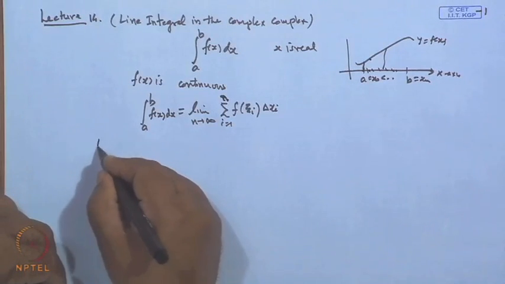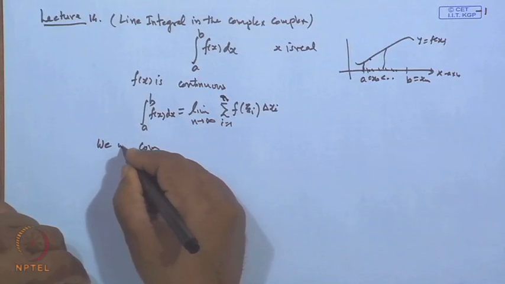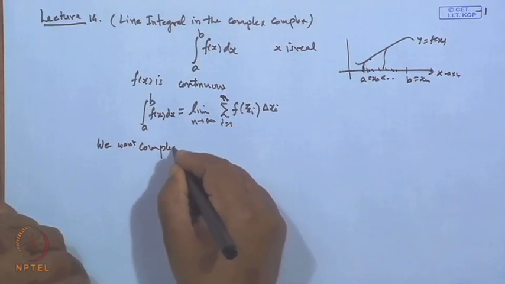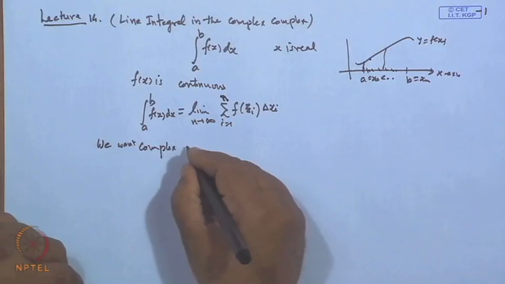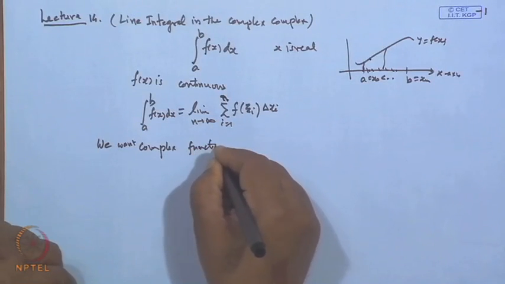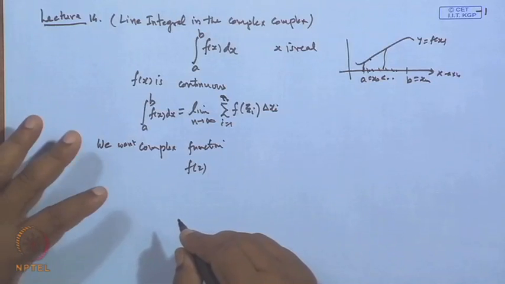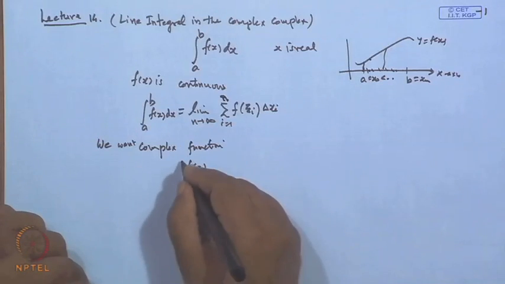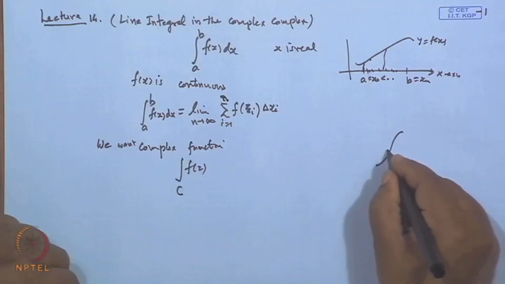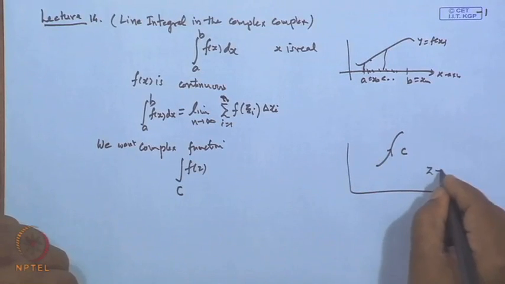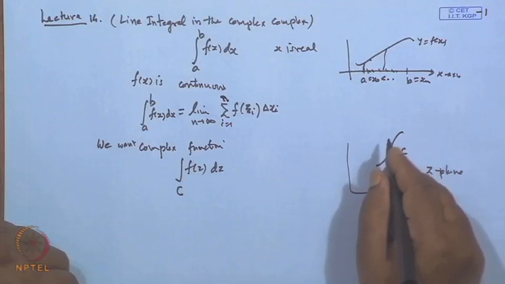So, today we want to integrate the complex function f(z), defined over the z plane, along the curve C. We want to integrate this function f along the path C, which lies in the complex plane.